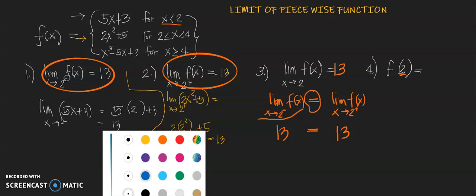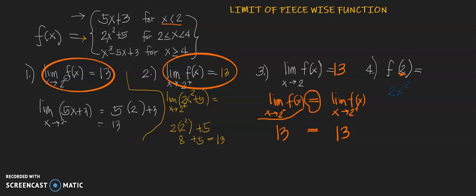The function is 2x squared plus 5. Just plug in 2 squared plus 5. 2 squared is 4, times 2, that would be 8, plus 5 equals 13. Okay, so this is the answer.